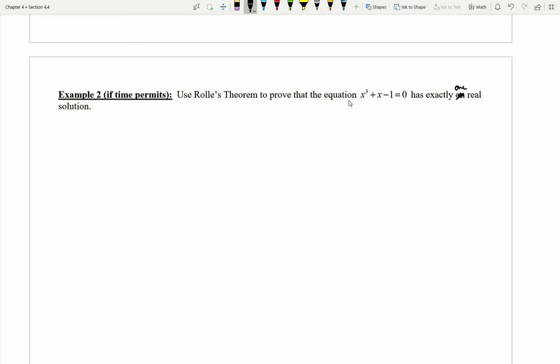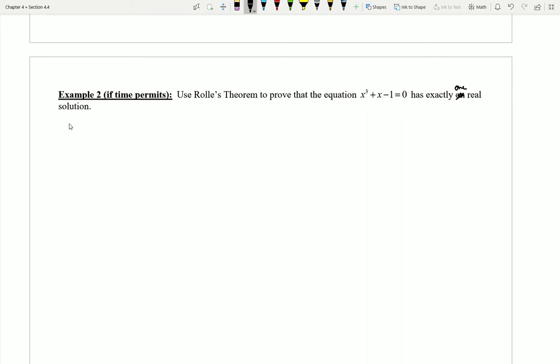No more, no less. Now, we could obviously start trying to guess what the x value is, but that could take forever. And unless I know a way to actually easily solve this, I might be stuck. So how do I use Rolle's theorem to demonstrate that this has only one real solution?